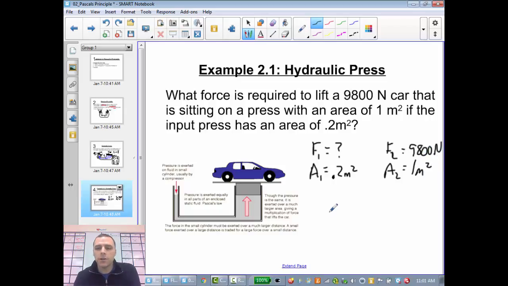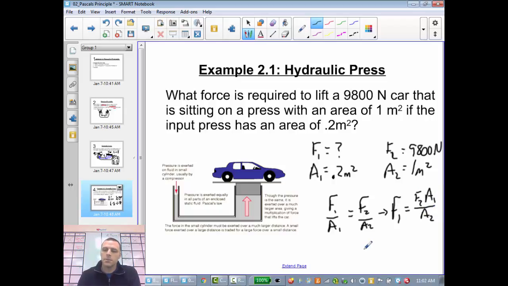So if we use the equation that we saw in the previous slide, force 1 divided by area 1 is force 2 divided by area 2. When we solve for force 1, we will get force 2 multiplied by area 1 divided by area 2. And I'm going to go ahead and plug in the numbers.